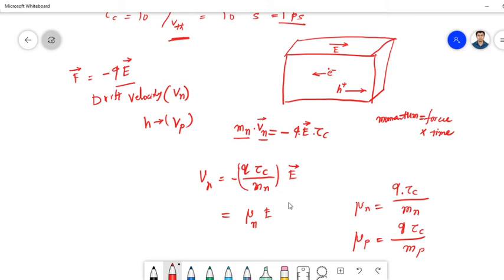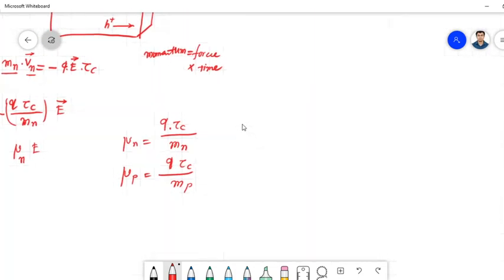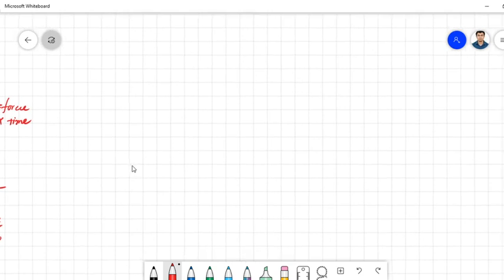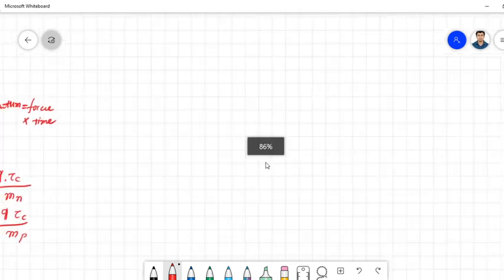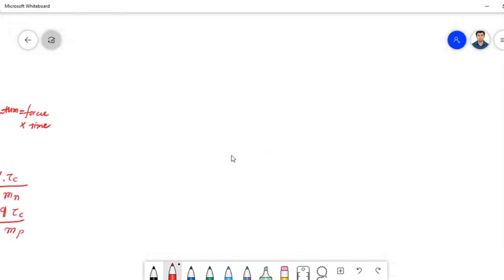The carriers started moving, and as they move around, they experience scattering in your lattice. We have the lattice, which is nothing but your atoms, and we also have impurity atoms sitting there. So there will be a lot of scattering: while the electron moves, it gets scattered by the lattice and by the impurity atoms.